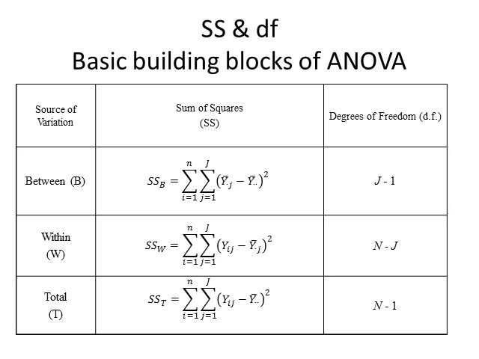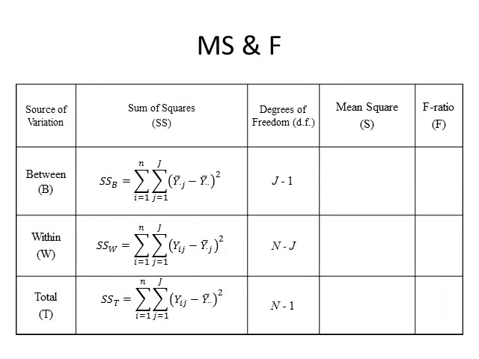So now we can use these building blocks to actually begin creating our mean squares and our F value. So our mean squares for between and within, we can calculate by taking the sums of squares between and dividing it by the appropriate degrees of freedom, j minus 1. So our equation, which is really the variance of how things vary between or amongst groups, we see as sums of squares between, SSB, subscript b, divided by, I have k minus 1 there, I'll have to fix that on a later slide, but that really should be j minus 1.